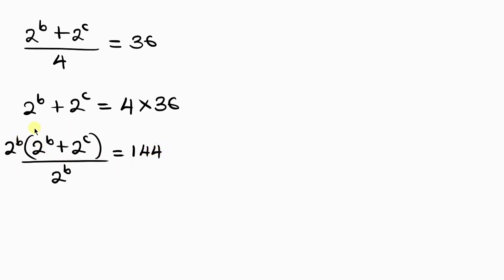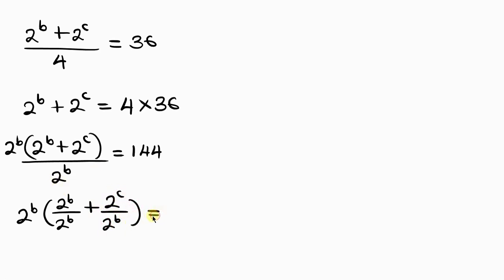So the left-hand side can be simplified into 2 to the b times 2 to the b divided by 2 to the b plus 2 to the c divided by 2 to the b.